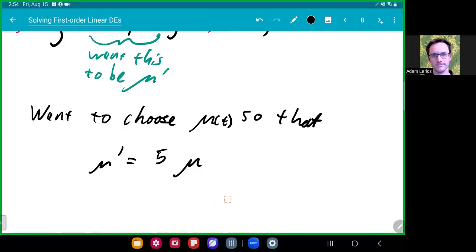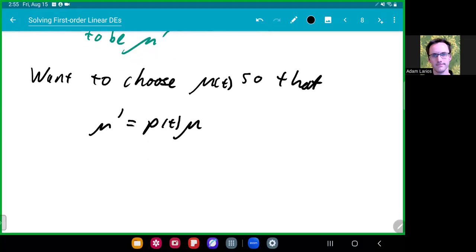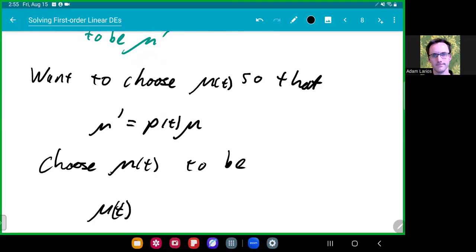If we just have a general function here, maybe the exponential trick would work by the chain rule, but we would have to take a derivative of what's in the exponent. So to do that, we'll just choose mu of t equals e to the integral of p of t dt.